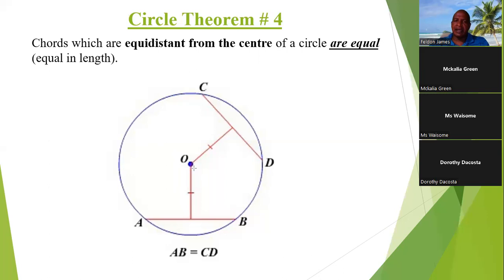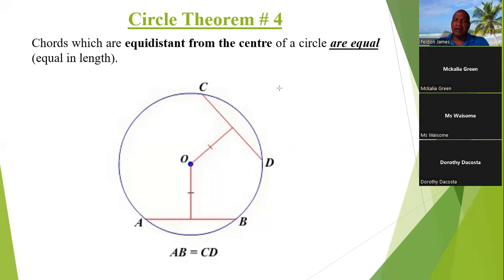Now they are saying, if these lines from the center to the chord are equal length, then the chords that they are perpendicular to would be equal length. So it is actually doing a vice versa thing with theorem 3.